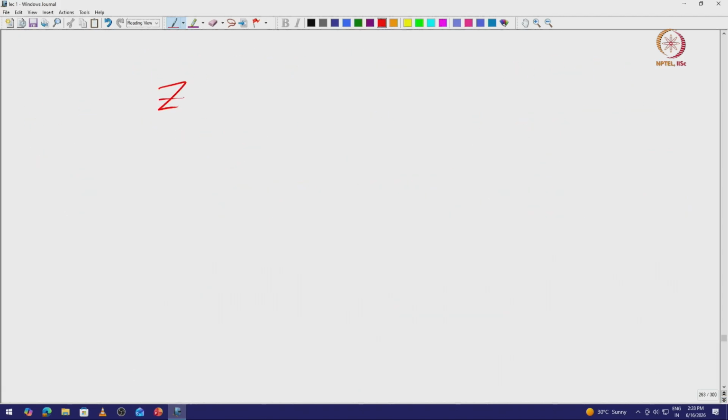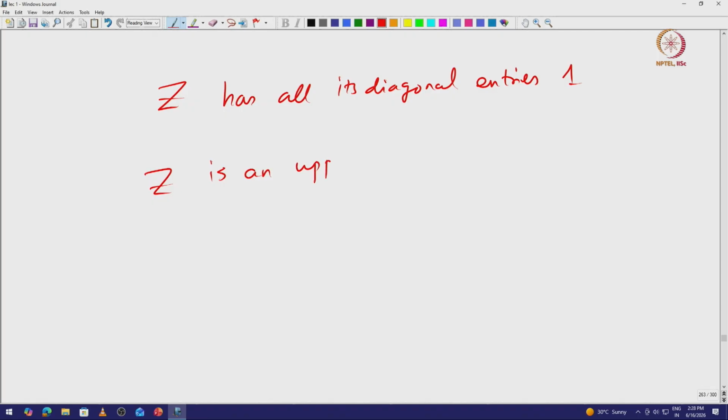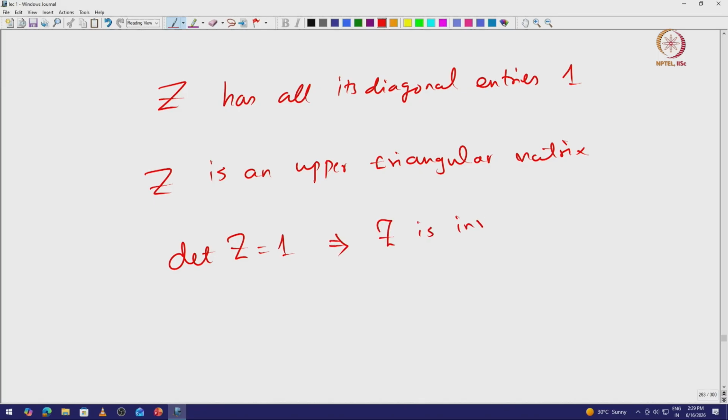So, zeta has all its diagonal entries 1, and zeta is an upper triangular matrix. That means the determinant of Z is 1, and that also tells us that Z is indeed an invertible n by n matrix.